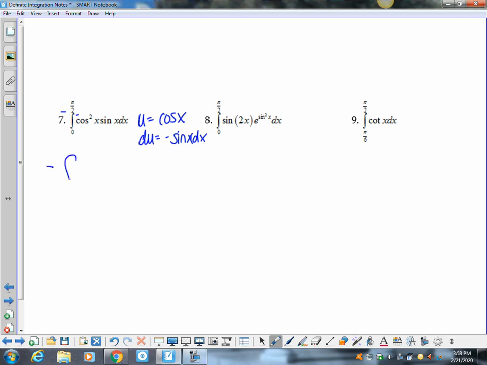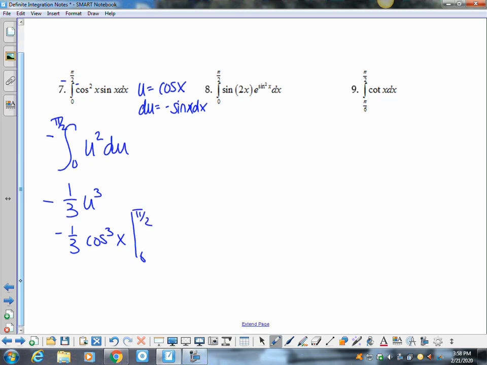So now I have negative integral 0 to pi over 2 of u squared du. So negative 1/3 u cubed. So negative 1/3 cosine cubed from 0 to pi over 2.